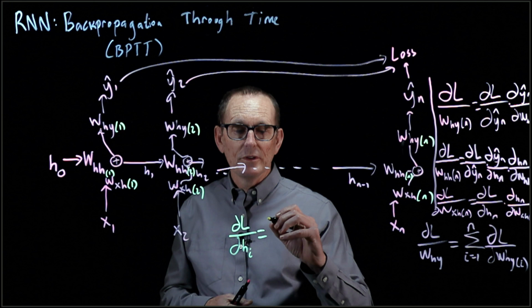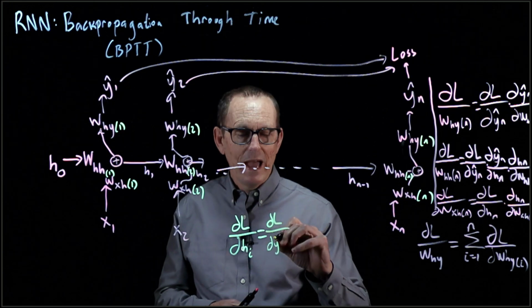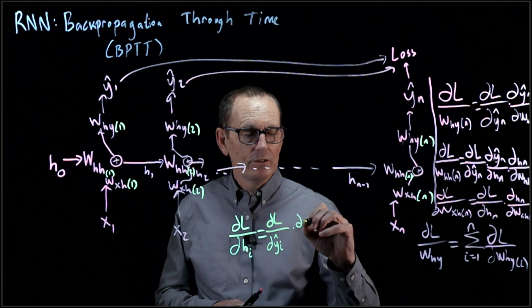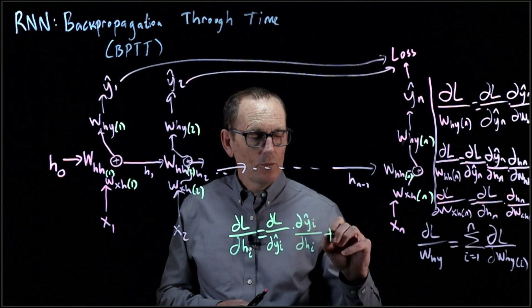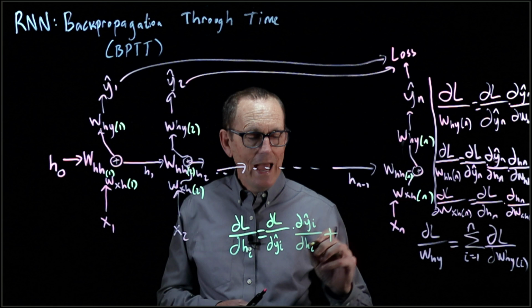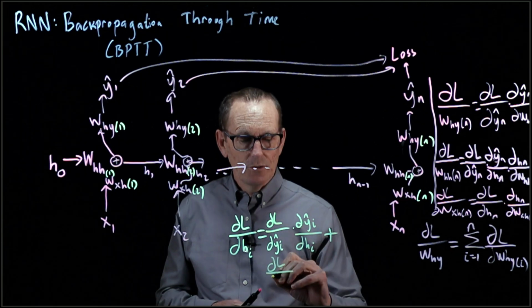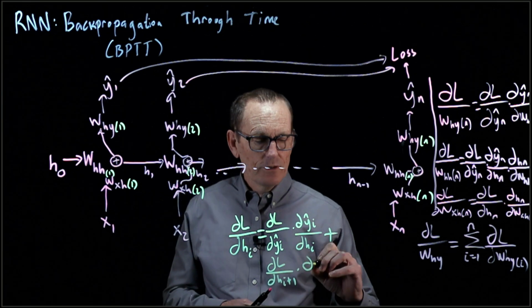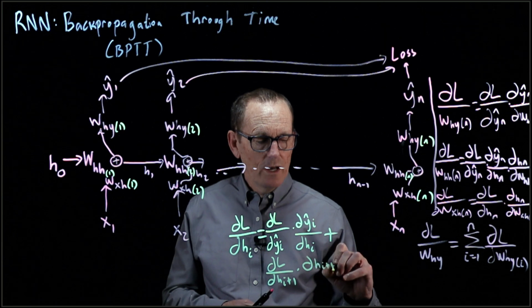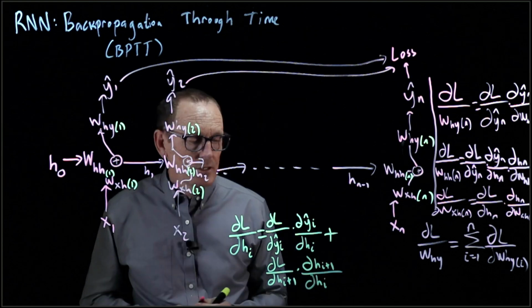So we'll look at the partial derivative of the loss with respect to y hat sub I times the partial derivative of y hat sub I with respect to h sub I. And we'll add in then the partial derivative of L with respect to h sub I plus 1 and multiply that by the partial derivative of h sub I plus 1 with respect to h sub I. So no different than we normally do.